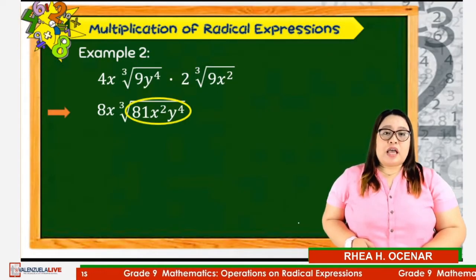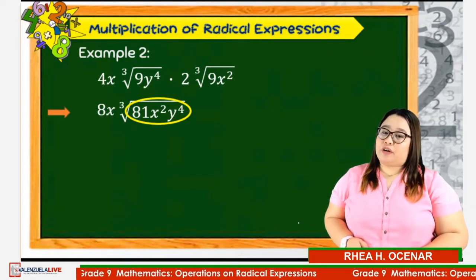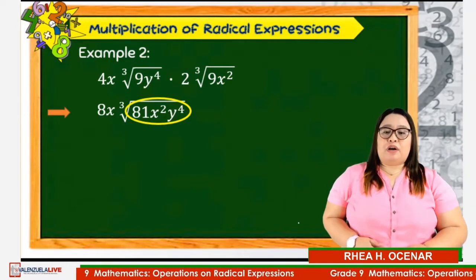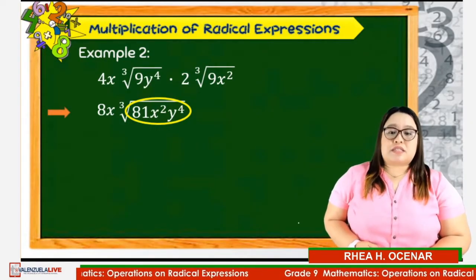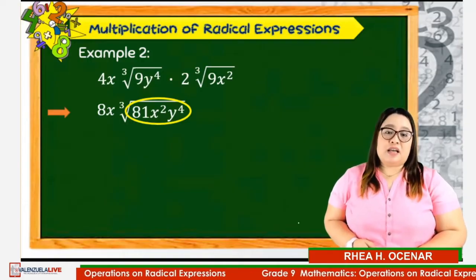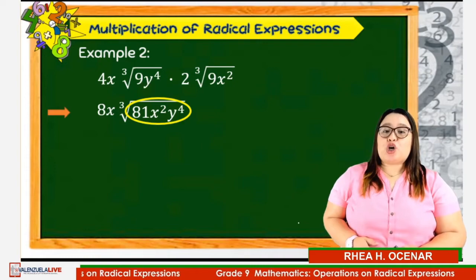Factor out 81x squared y raised to 4. Remember, we factor the radicand according to the index. Since the index is 3, the radicand factors should be perfect cubes.